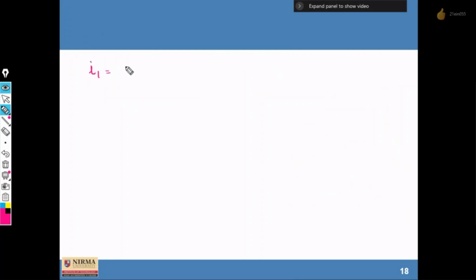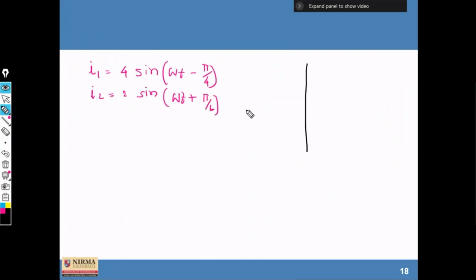Sorry, I just removed everything. I1 is, I just repeat, 4 sine omega t minus pi by 4, and the second one, I2, is 2 sine omega t plus pi by 6. Okay. Do you understand what exactly I mean to say?